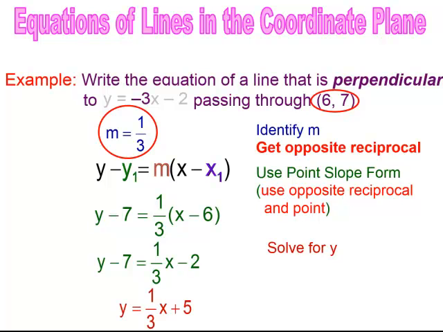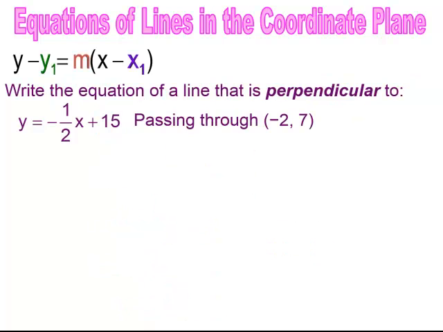And then you add 7 over and you get the perpendicular line would be y equals 1/3 x plus 5. So be careful when you're doing perpendicular because you're going to have to take the slope and get its opposite reciprocal from the given equation. Pause and try.